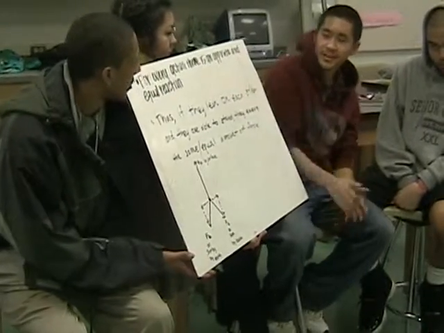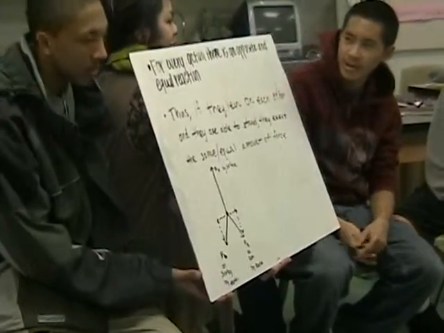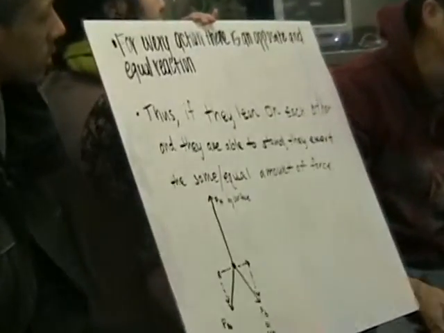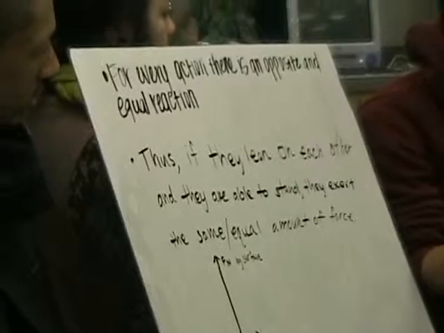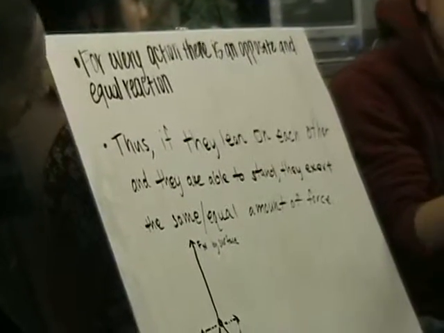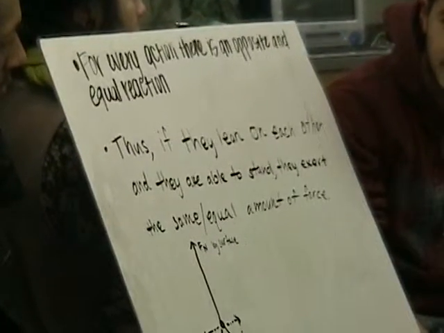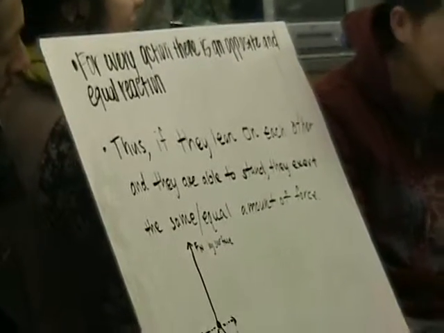And we also wrote one of Newton's laws: for every action there's an opposite and equal reaction, which is why, even though Sam and Shirley are different sizes, they're not moving, because they're exerting the same amount of force. Okay, thank you.